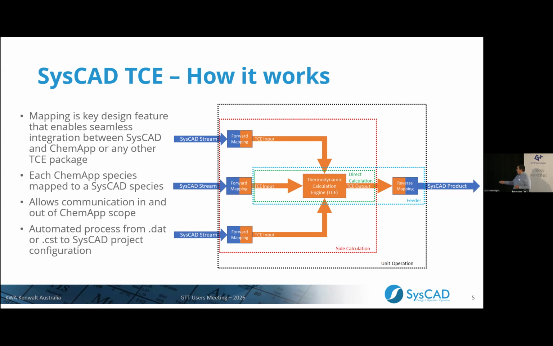So there is a very automated mapping algorithm that allows you to simply connect one unit to another, ChemApp fitting into OLI or FRIXI or SysCAD units and so on. And automatically this happens without you even needing to realize that it's happening under the hood. But that's done automatically with SysCAD, and it's a very important concept of how this whole thing can work together.